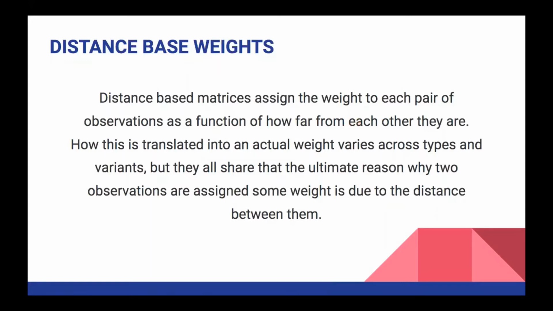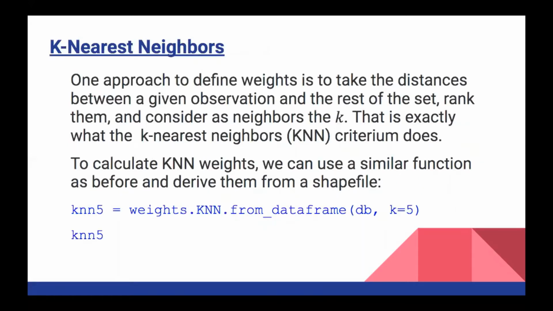How this is translated into actual weight varies across types and variants, but they all share that the ultimate reason why two observations are assigned some weight is due to the distance between them. So the closer you are to me, the more I can consider you to be my neighbor.